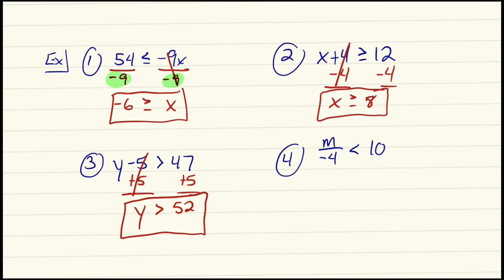I see division in the problem, so I do the opposite operation, which is multiplying by negative 4. On the left-hand side, the negative 4's cancel, leaving me with m. On the right-hand side, 10 times negative 4 is negative 40. And then I pay attention that I actually multiplied by a negative number here, so that does mean that the sign has to flip in the opposite direction.